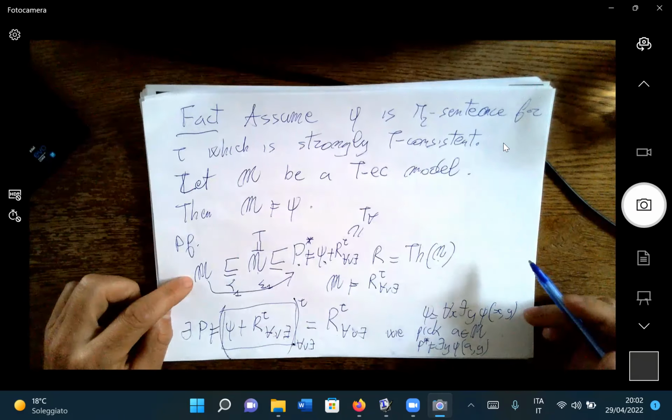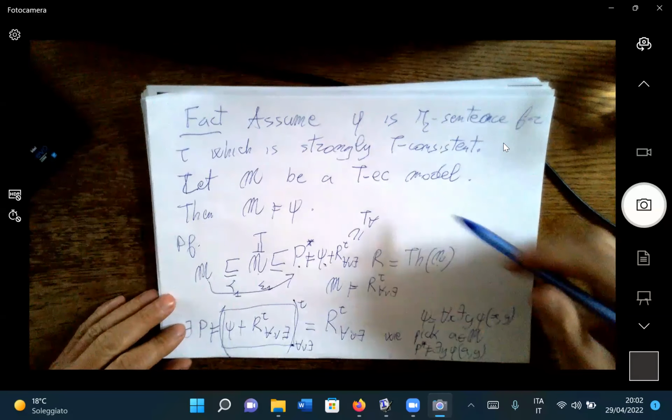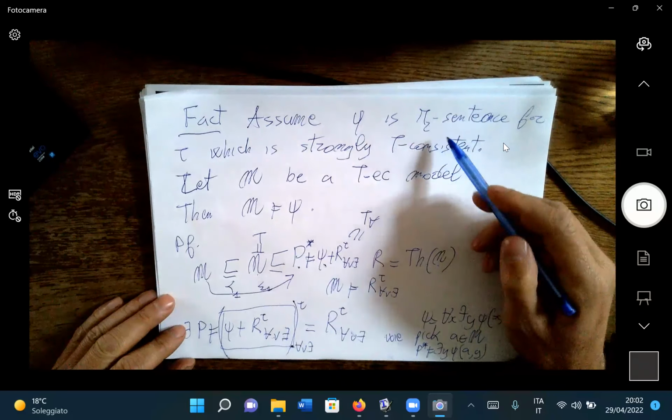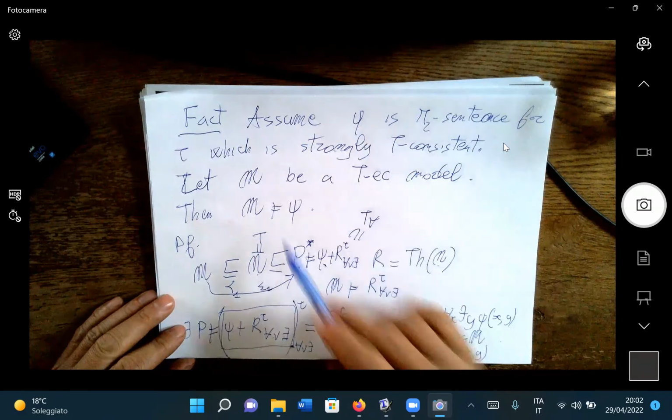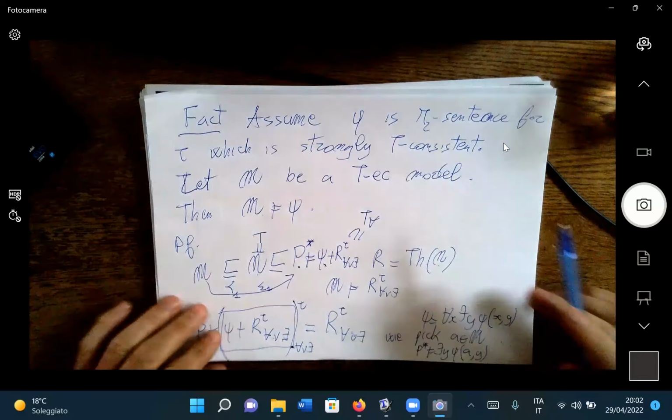Since we can do this for every element in M, we get the reflection. Okay, so we see that every pi2 sentence which is strongly T-consistent is going to be realized in the T existentially closed models.